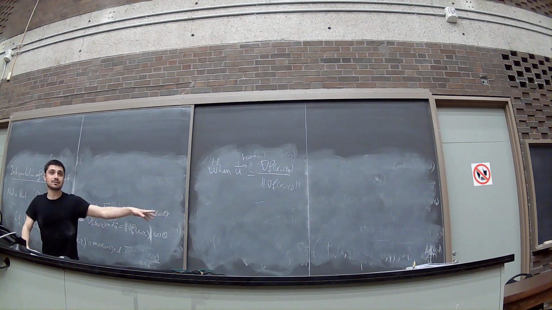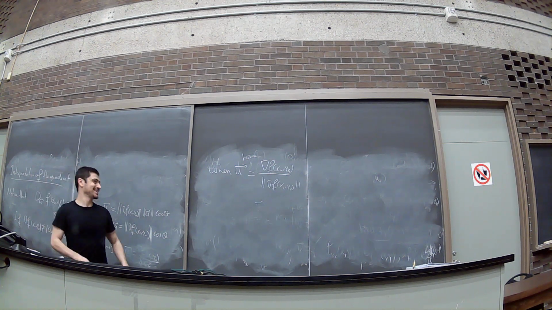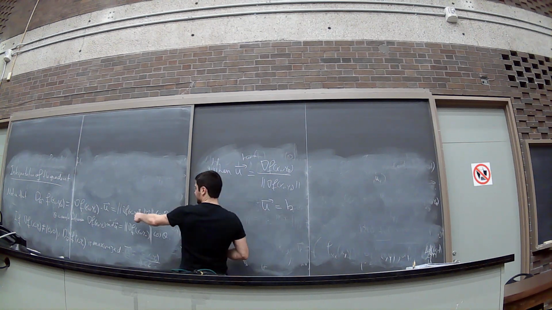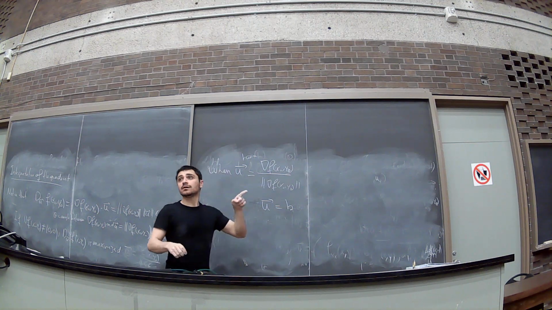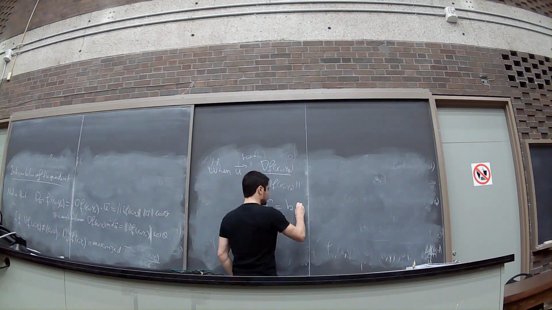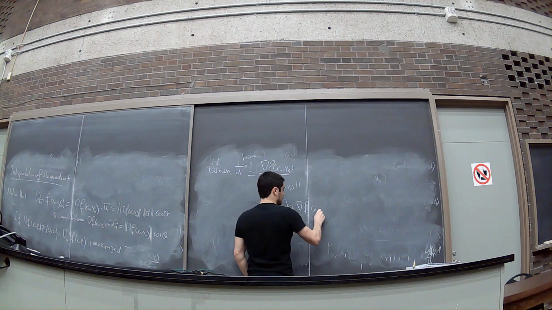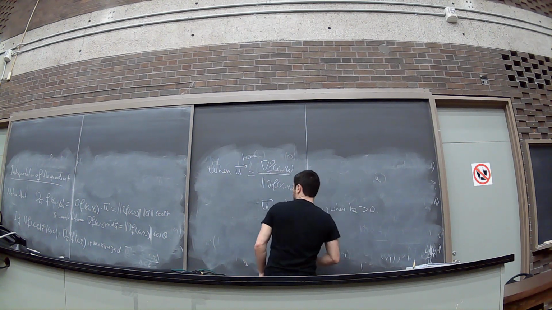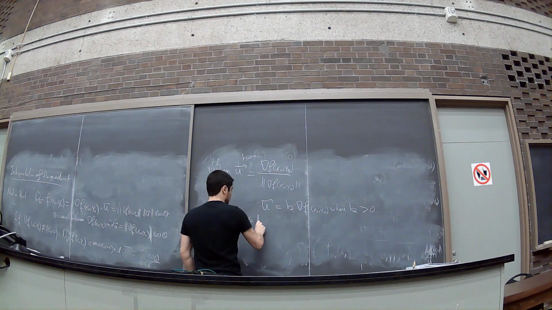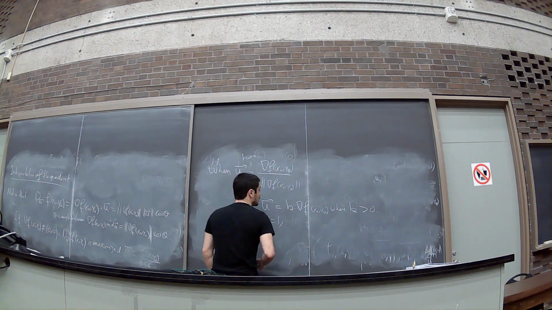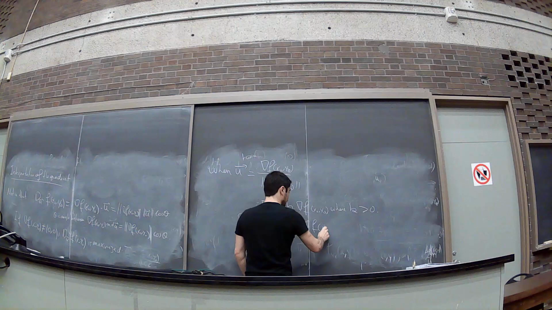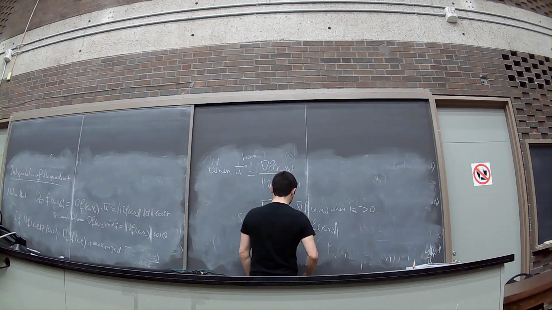What's up? I erased it? Oh, I should have kept it? Oh, okay. So this dot product is maximized if and only if u is k times the gradient, where k is positive, right? Now since the norm of u is 1, the norm of u is the absolute value of k times the norm of the gradient.